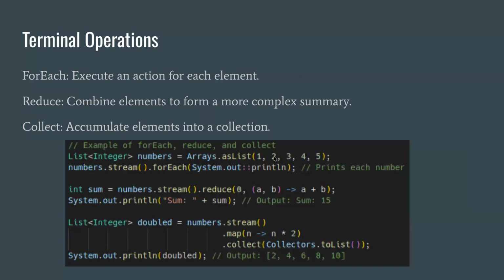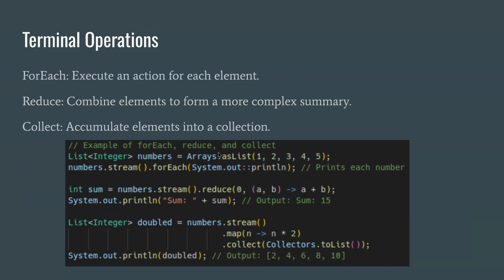And reduce is a powerful operation for combining all elements in the stream into a single summary result. And lastly, collect, we've seen collect. Collect gathers elements into a collection like a list or a map, which is useful for accumulating results.